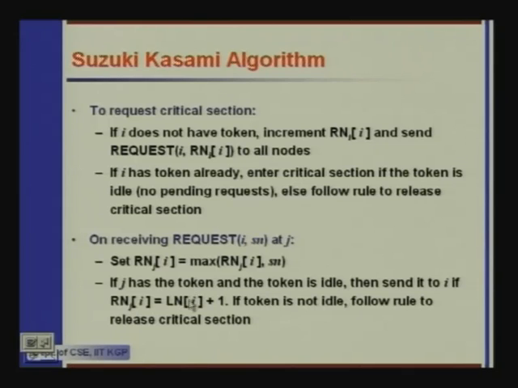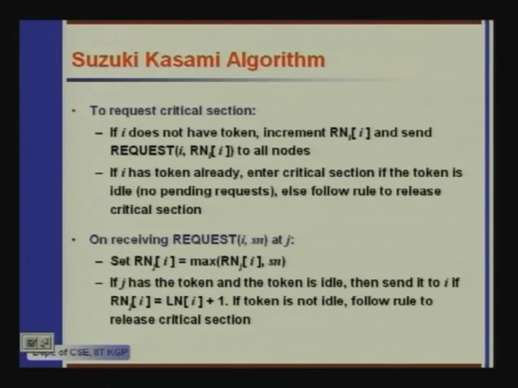So, LN[i] is the last request of i that has been executed, and if RN_j[i] is 1 more than that, then it means it can only be 1 more than that, it cannot be 2 more, it cannot be 3 more, it can only be 1 more or equal, because at a time there can be only one pending request in each node.